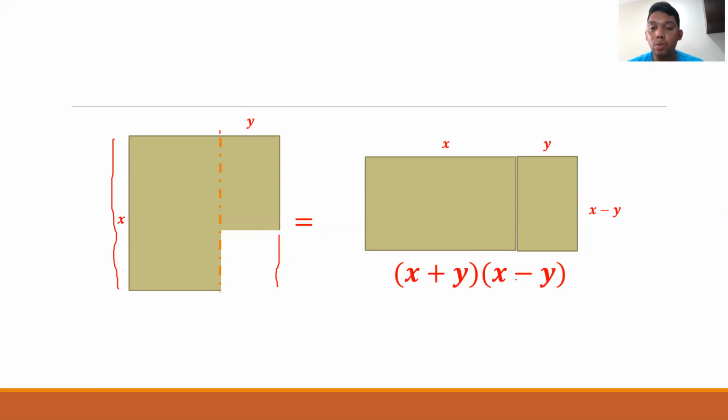So now we get the concept of these two patterns here. So it's x plus y. So we add this to get the length. And then we also have to multiply it with the width, since the area of a rectangle is length times width, right? If you merge these two figures together, it will eventually become a bigger rectangle. So the area of that bigger rectangle is equal to quantity x plus y times quantity x minus y.